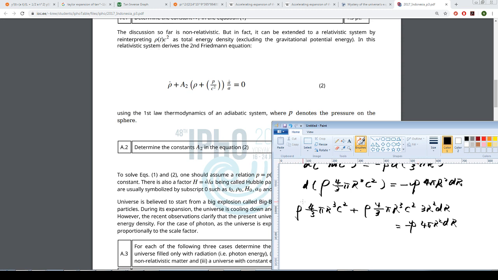So I should write d rho, with respect to time. Otherwise, I should just write rho dot.